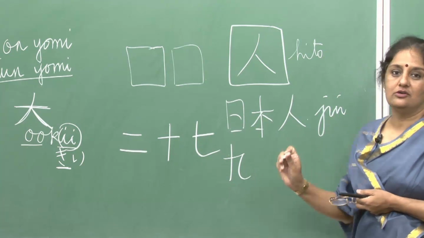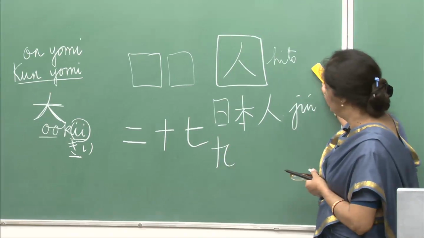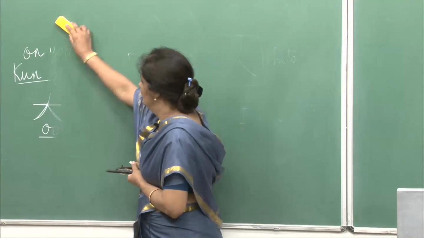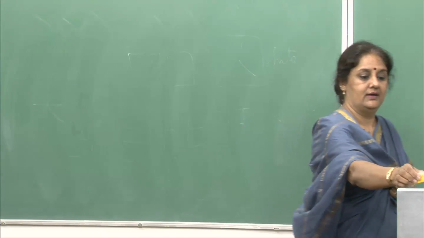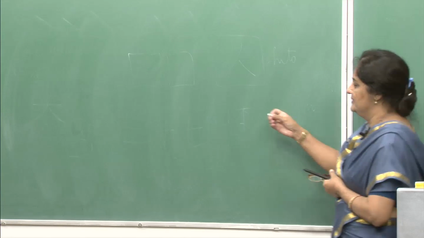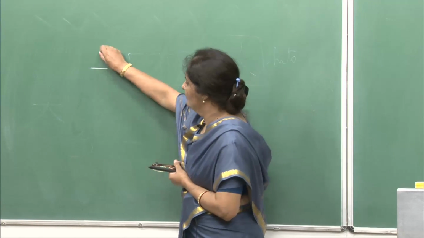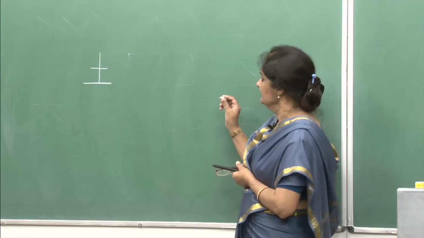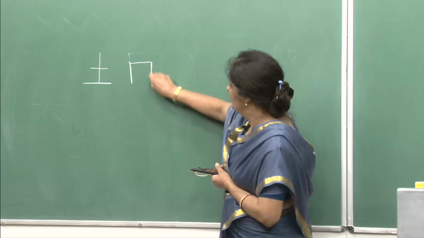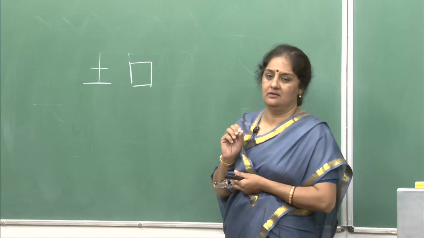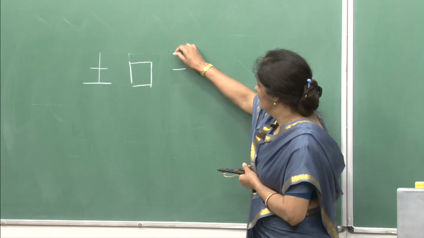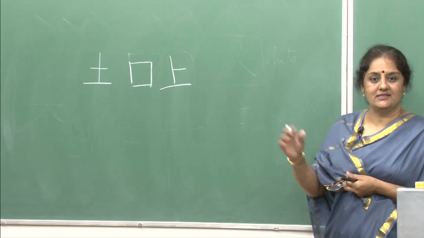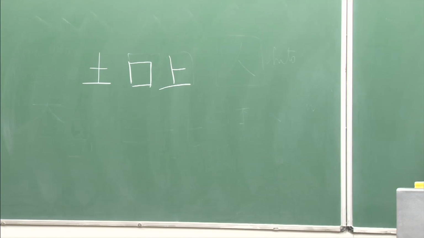So, these are all 2 stroke characters and you can group them very nicely. Also, you have done 3 stroke characters like do, doyobi no do. You have done kuchi, you have done ue. So, these are 3 stroke characters and again you can put them together in a group.